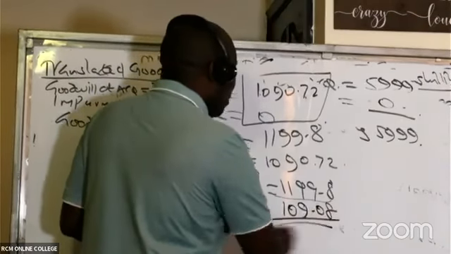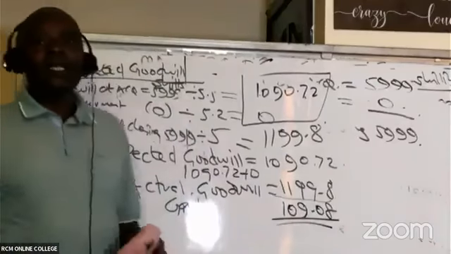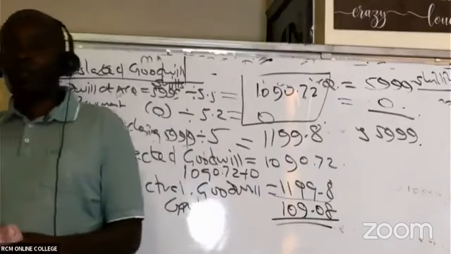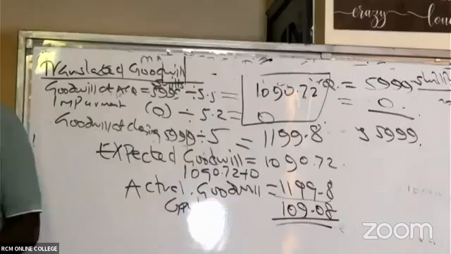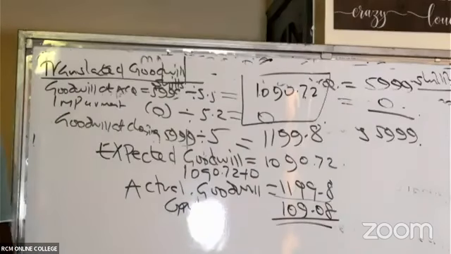So are you able to apportion this to the parent and the subsidiary? You know the parent has 80%, isn't it? So the group will take about 87, and the non-controlling interest will take about 22.